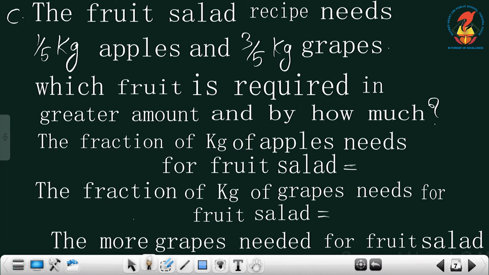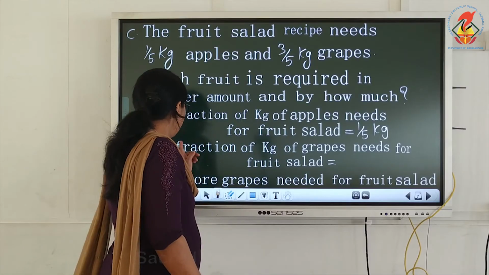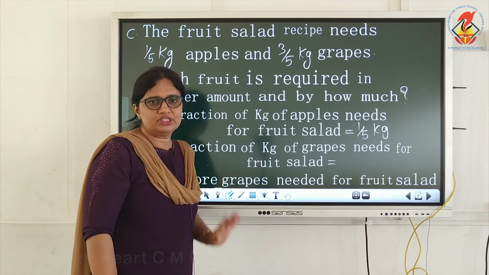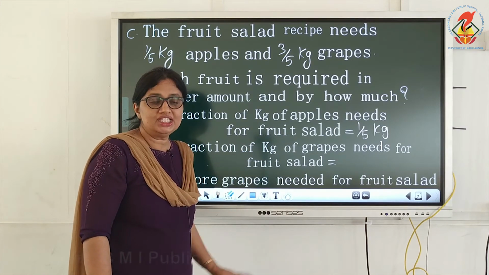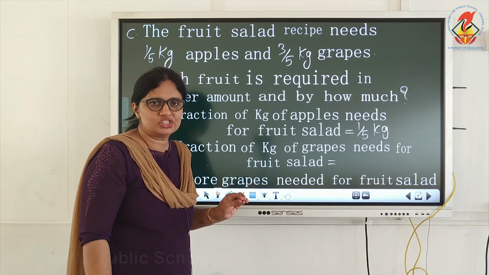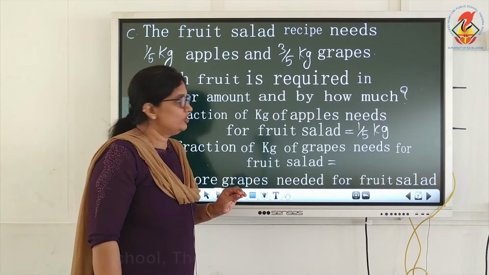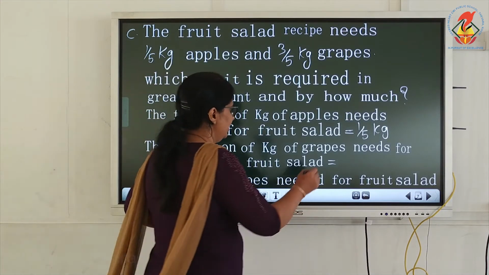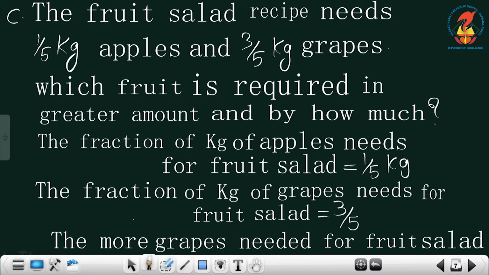Apple is 1 by 5 kg. Here we need to write 1 by 5 kg. And the fraction of a kilogram of grapes needed for fruit salad equals how much? You look and see, that is 3 by 5 kg.